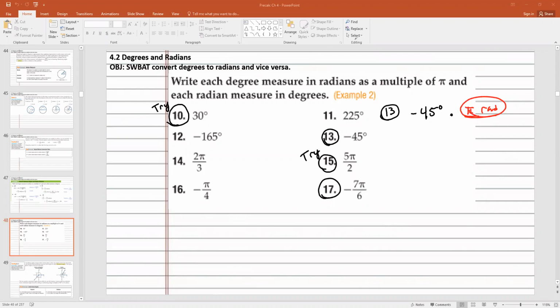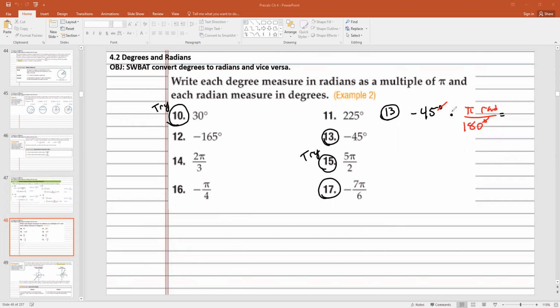So I want the radians, so I need the pi on top over 180 degrees. So degrees cancels out. One is on top, one is on the bottom, cancels out. Okay, that's how you cancel out units. And you saw that in algebra 2 and algebra 1. You could do that again later.